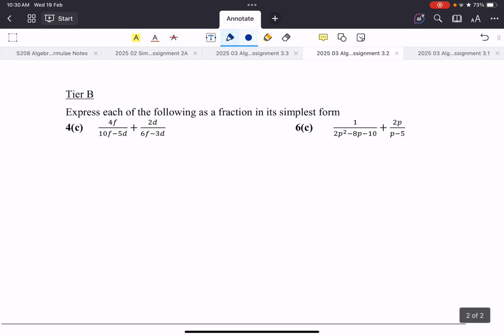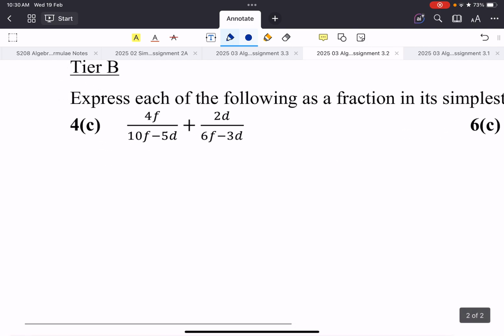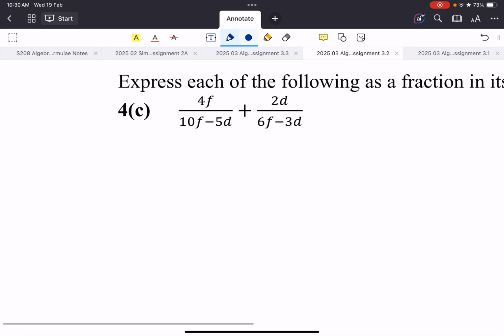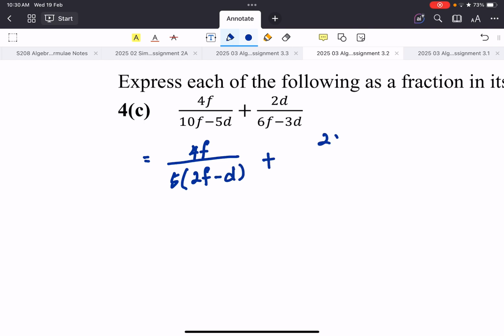Now here we have more interesting examples. Once again we try to make the denominator common as far as we can. From here we have 4f over 5(2f minus d). On this side, the denominator, if I take out the 3, I will have 2f minus d.